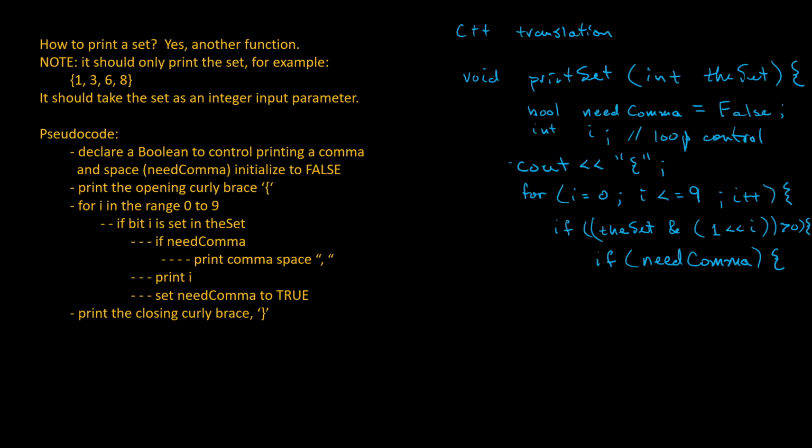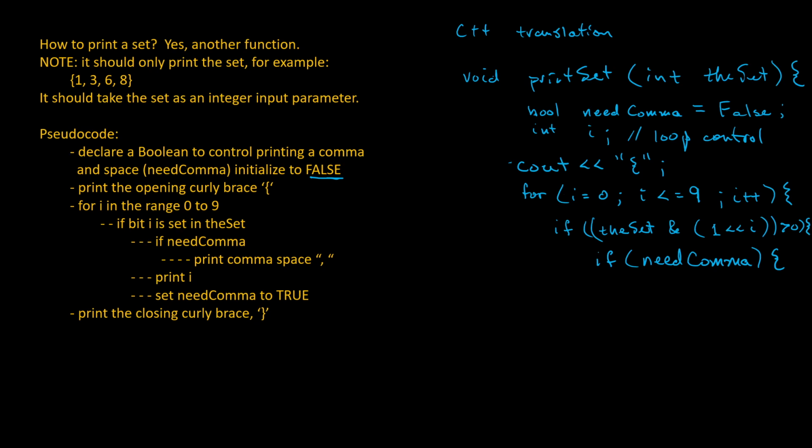I set it equal to false on purpose the first time because the first number I print is the first element of my set. Do I want a comma and a space before it? No. That is the only purpose of need comma.